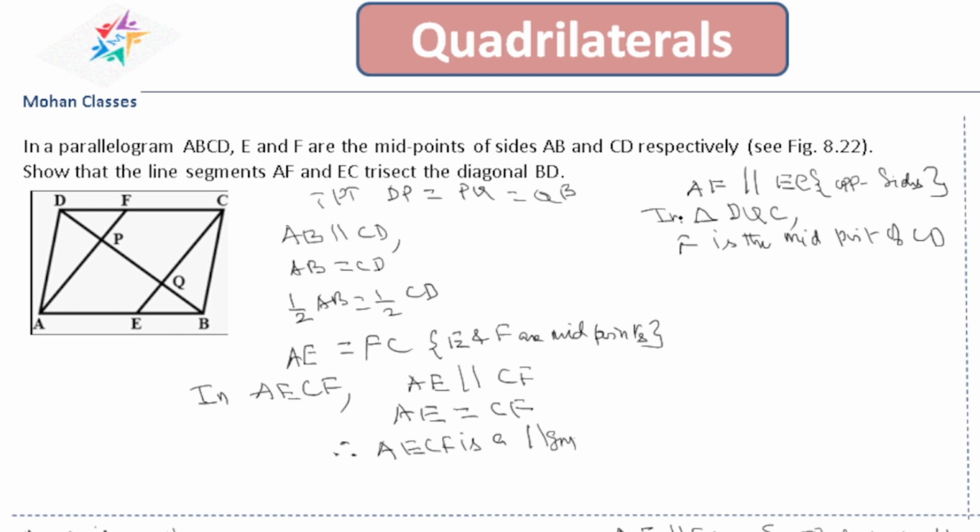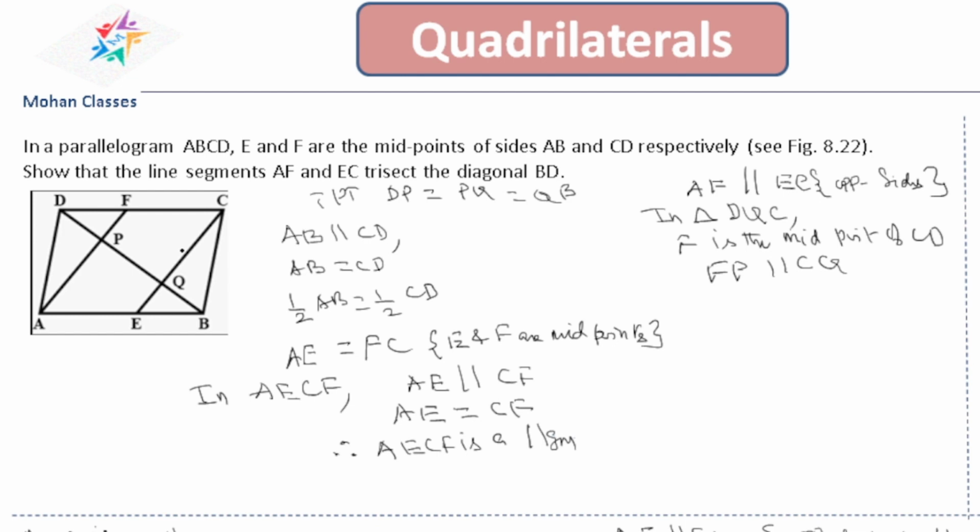F is the midpoint of CD and FP parallel to CQ, because F is the midpoint, the line passing through the midpoint of CD will be parallel to CQ.